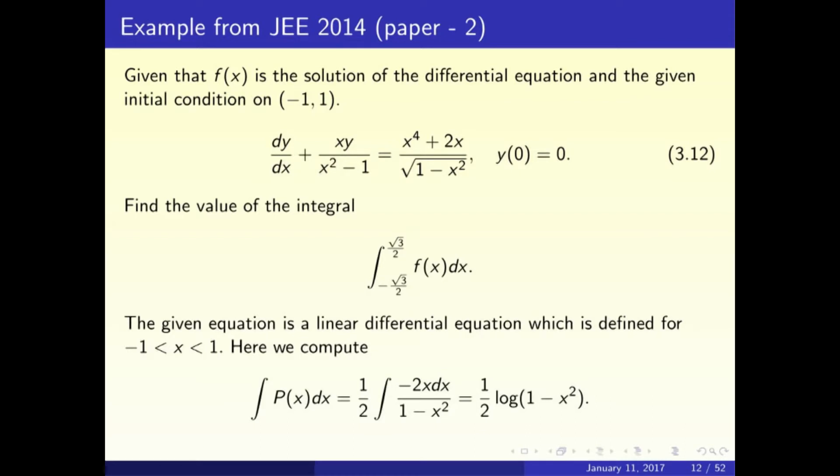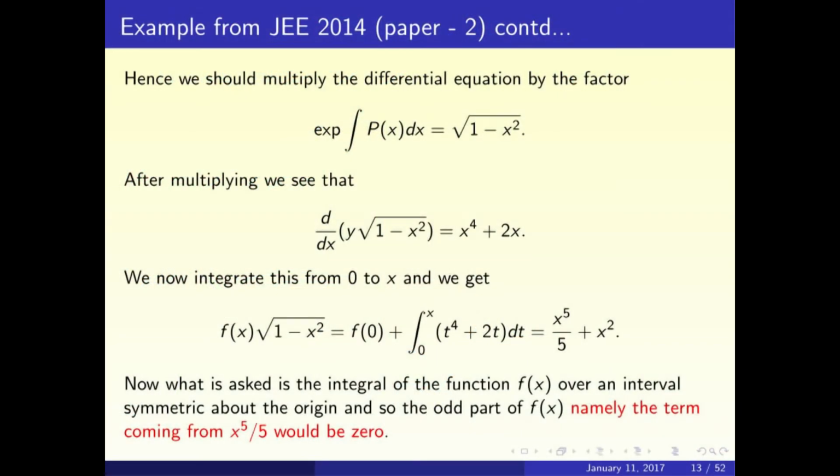What is that? E to the power half log 1 minus x squared. What is e to the power half log 1 minus x squared? Square root of 1 minus x squared. That's what you see in the next slide. E to the power integral px dx equals square root of 1 minus x squared.